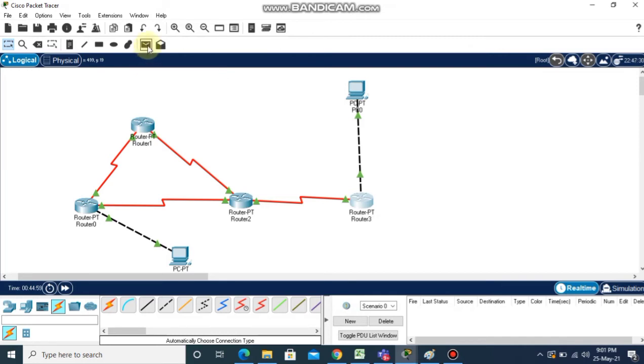But before that, let's see what actually happens if we don't assign gateways.